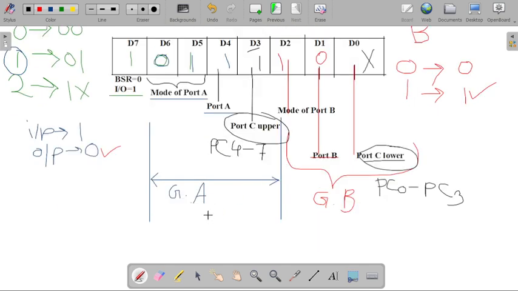Now we will get the result as 1011 and 110X. So I'm writing here the number 1011 and 110X.